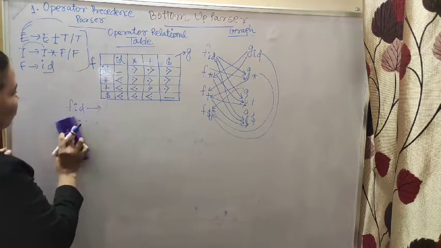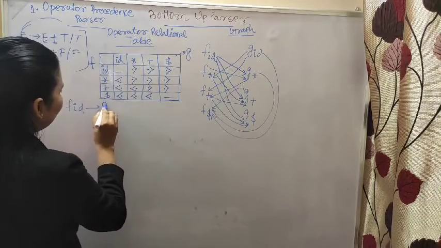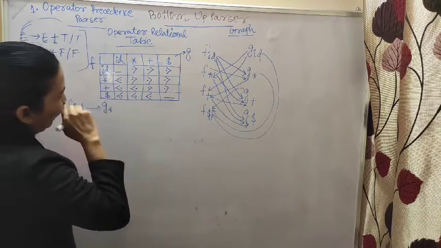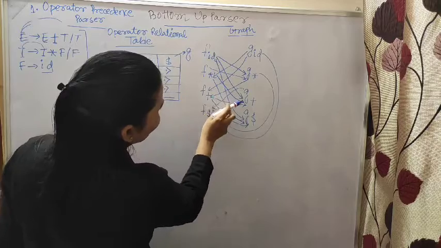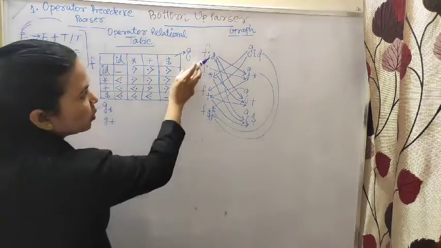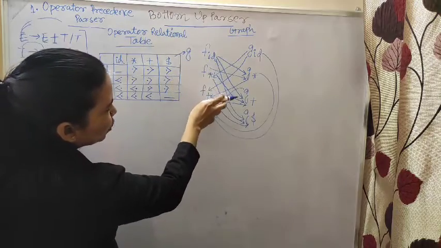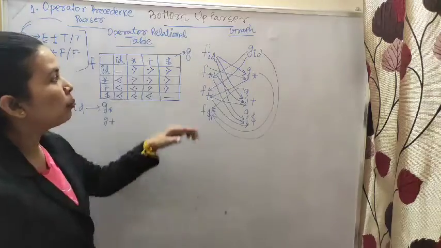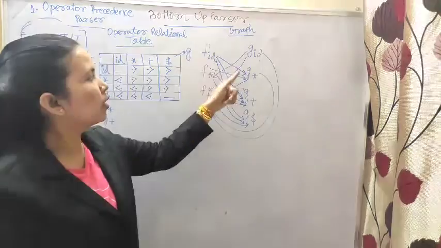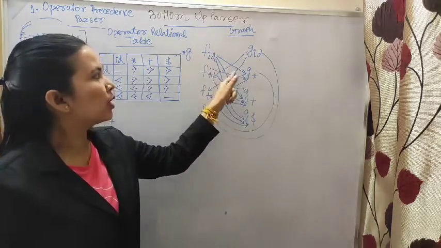Write it down: FID is going to G star, and FID is going to G plus, which is another path. Every operator goes along a different, single path.